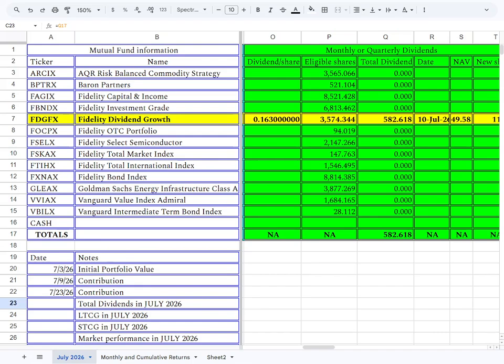That's what I'm tracking. Now, this tracking also tells me something else. I want to know if the portfolio is growing because I'm contributing money every couple of weeks, or is it growing because the funds pay dividends, or because distributions are reinvested?